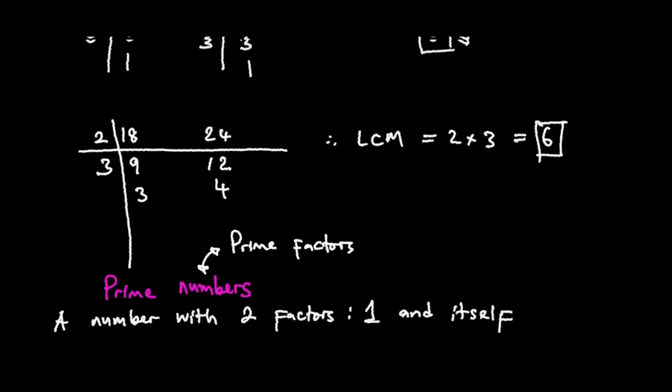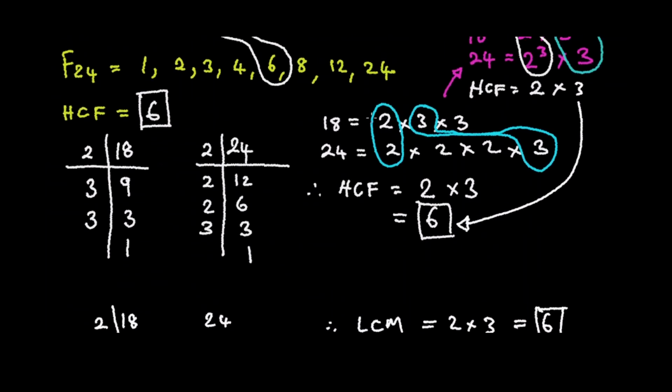How do we do it? What we have been doing above where we wrote these numbers: 2 times 3 times 3 is equal to 18, 2 times 2 times 2 times 3 is equal to 24. That is how to express a number as a product of its prime factors, because 2 goes into 18, so 2 is a factor of 18, but 2 itself is a prime number because it only has 2 factors, 1 and itself. Is it making sense?